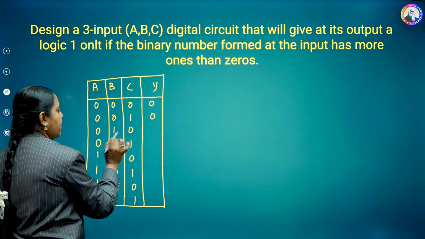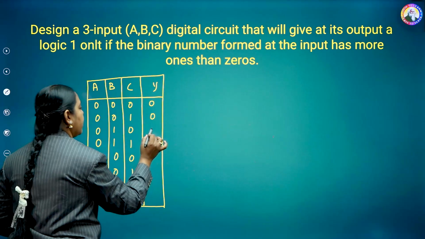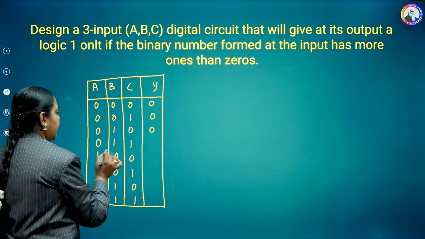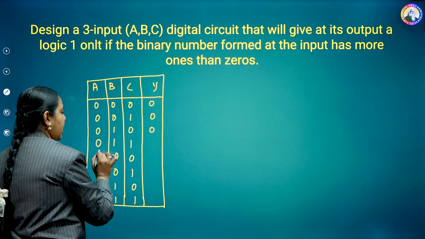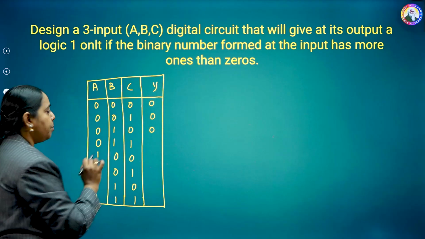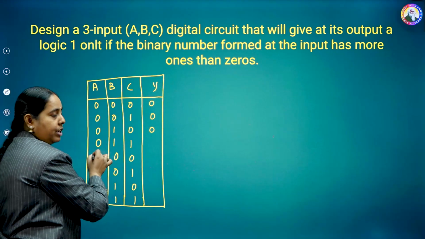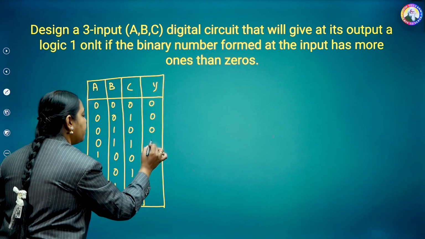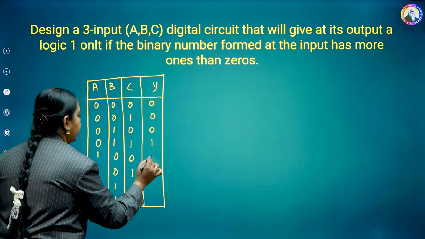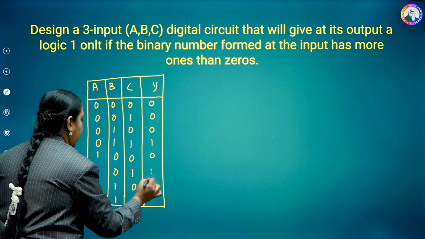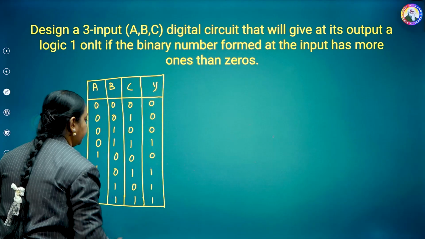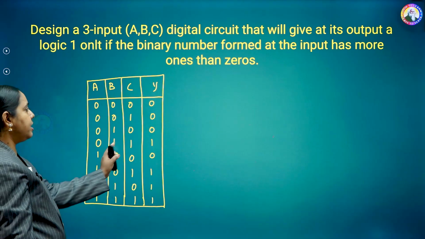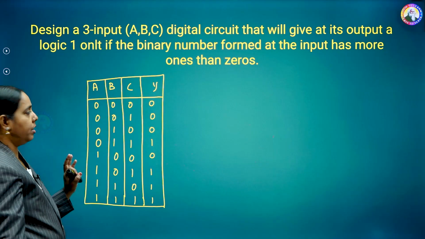Next again, zeros are more compared to ones, again the output is 0. Now here, zeros are less when compared to ones, so more ones are present when compared to zeros. That's why the output is 1. Similarly, here it is 0, 1, 1, 1. Right. So this is the truth table for the given question.